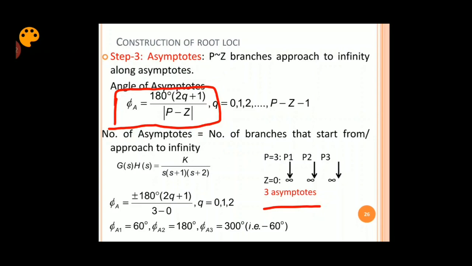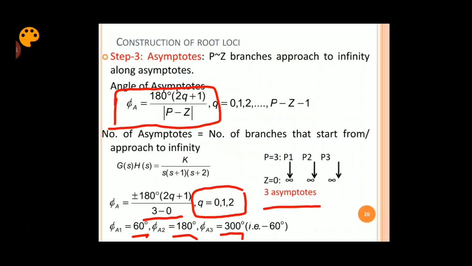So I substitute plus or minus 180 degree (2q plus 1), and the values of q to be substituted are 0, 1, 2. Why? Because we have 3 asymptotes, you substitute 3 values. If there are 4 asymptotes, you substitute 0, 1, 2, 3. If there are only 2 asymptotes, you just substitute q equal to 0 and 1. In the denominator, we have p minus z. When I substitute q equal to 0, I get 60 degree. When q equal to 1, I get 180 degree. When q equal to 2, I get 300 degree.